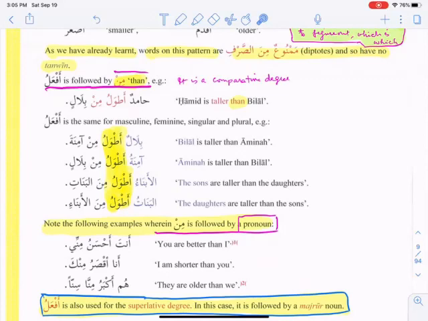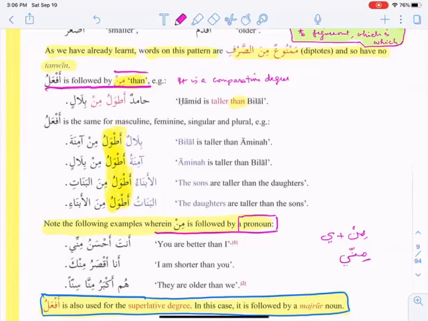Anta ahsanu minni. You are better than I. Did you get the idea? I. So min came. So what is this? Min plus ya mutakallim. The habit of ya mutakallim is it will pull it down, make it majroor. So then min, ni.